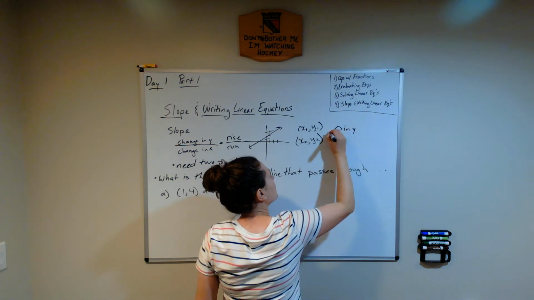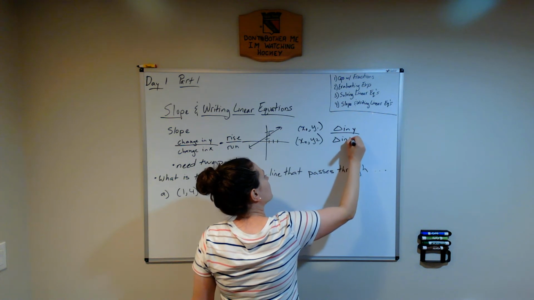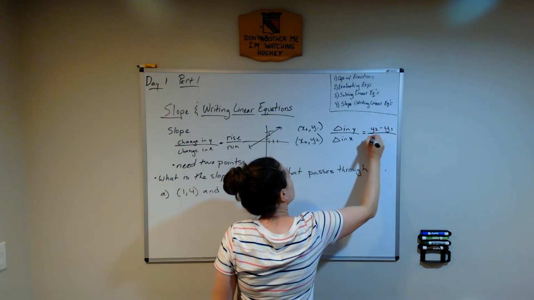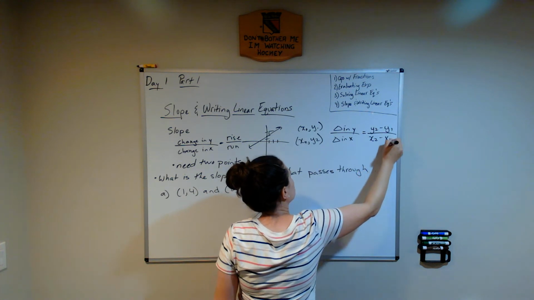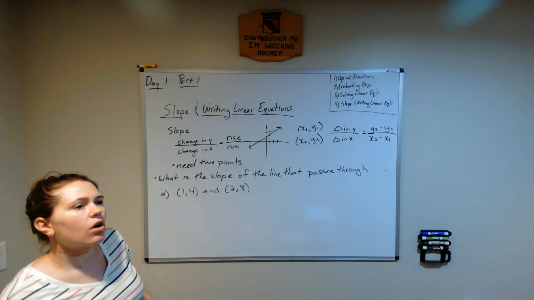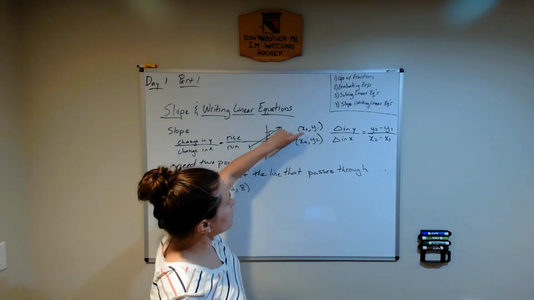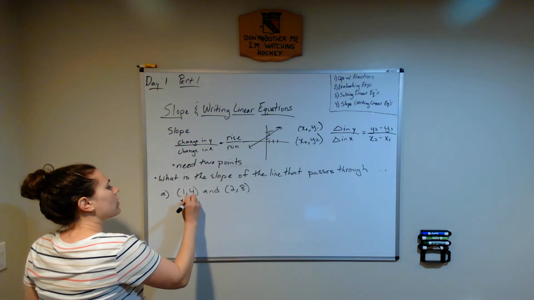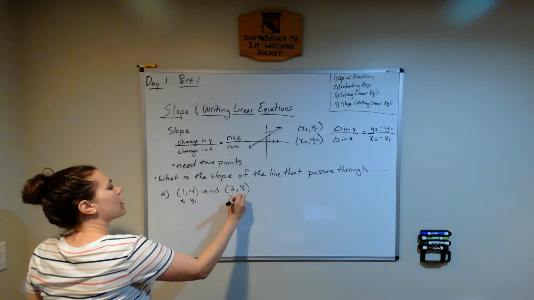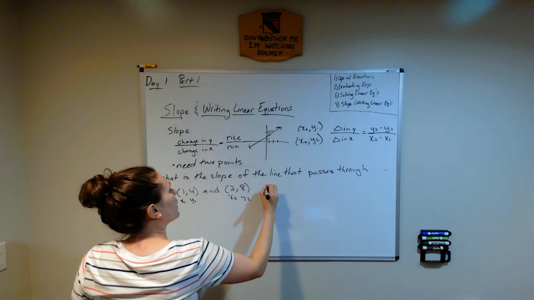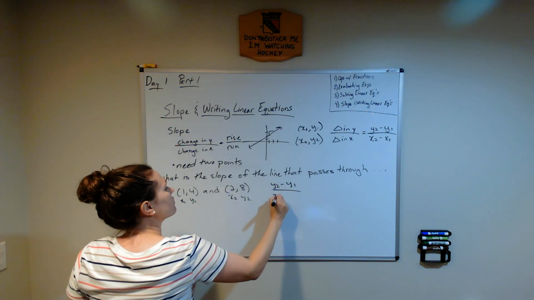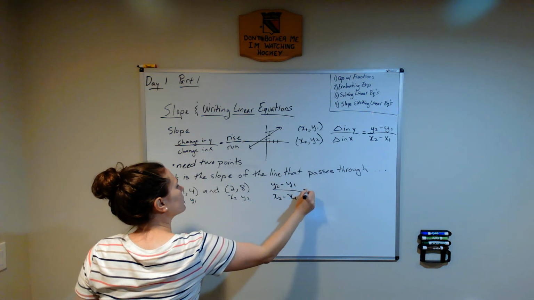Change in y over change in x is just going to be y2 minus y1 over x2 minus x1. It does not matter which you call x1, y1, but you have to make sure the subscripts stay together. So I'll call this x1, y1, I'll call this x2, y2. And so I just need to do y2 minus y1 over x2 minus x1.